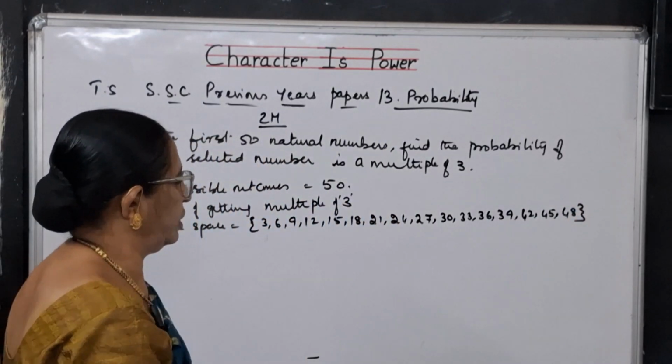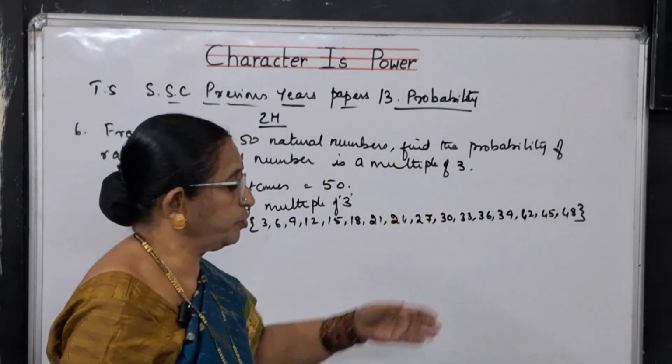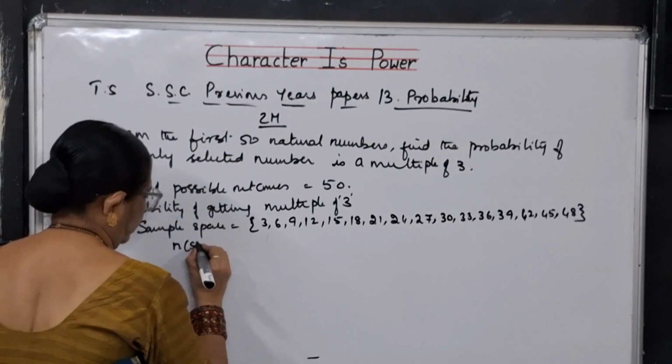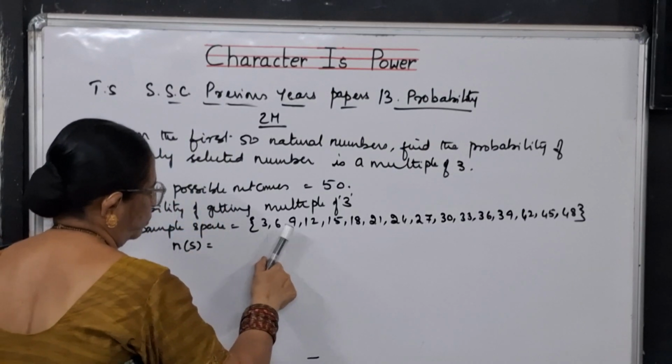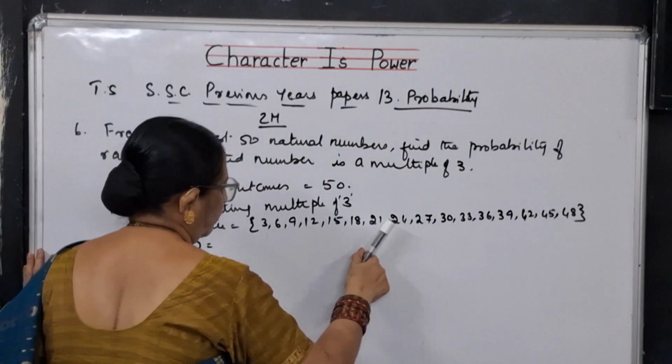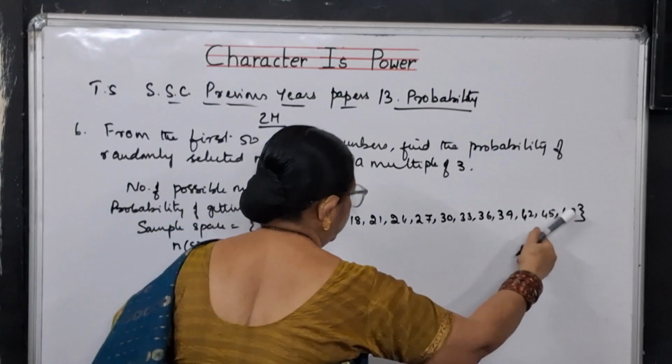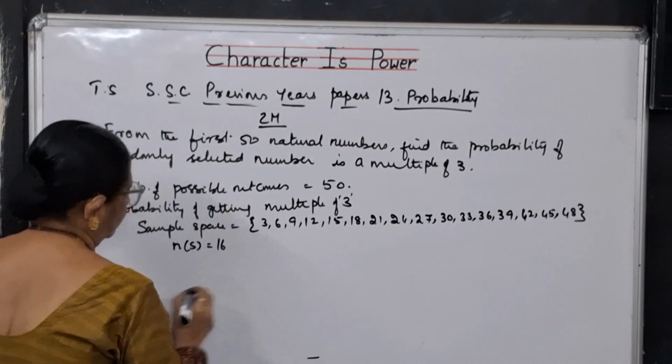I should stop at 48 because it is up to 50 only. The numbers are. Now, n of s. How many are there? 1, 2, 3, 4, 5, 6, 7, 8, 9, 10, 11, 12, 13, 14, 15, 16. N of s is 16.